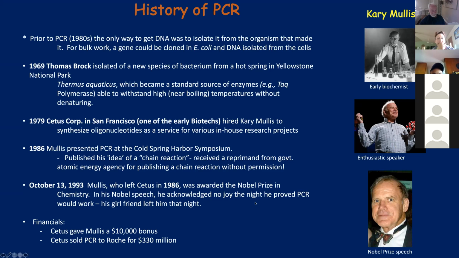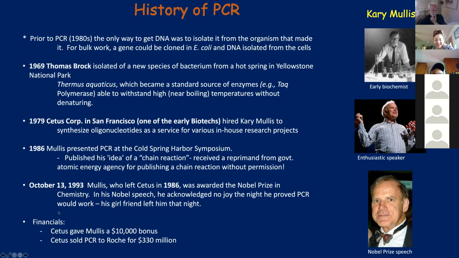Another interesting side note here, Mullis goes to Stockholm and gives his Nobel speech. And in the speech, he pointed out that he really didn't have any joy the night he proved that PCR would work, because his girlfriend left him that night because he spent all his time in the lab and ignored her.